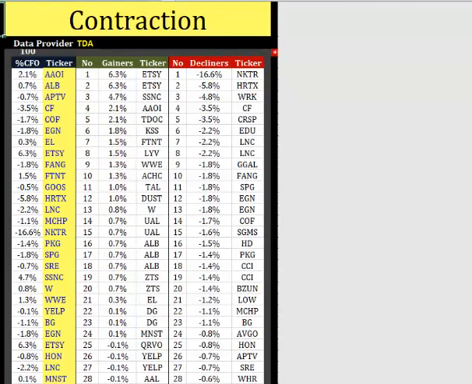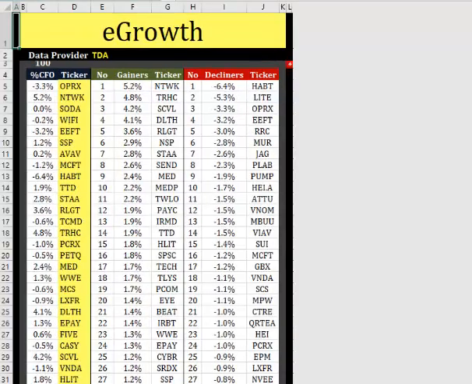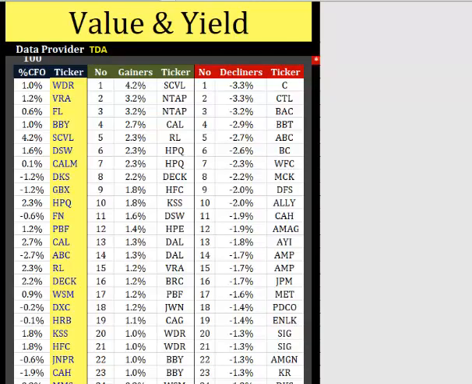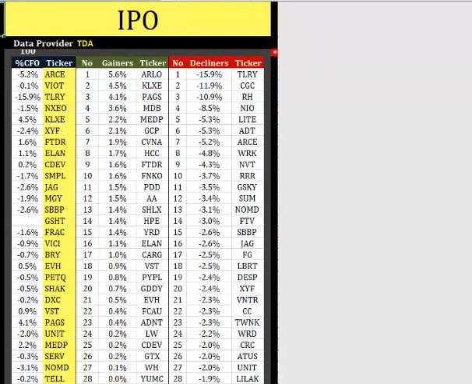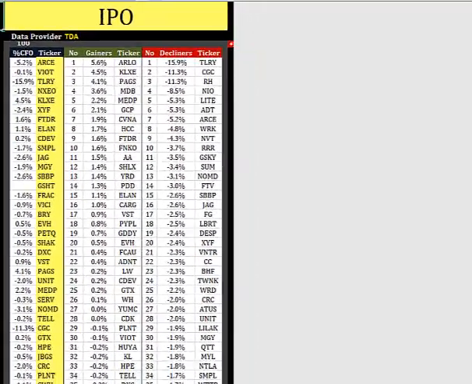Contraction, that's the dojis, the inside days, the tight price action. Then just things that are on my radar. Price action with very strong volume, big moves up, overbought, oversold, whatever. Momentum plays, emerging growth, value and yield stocks, and IPOs. So those are just some examples of watch lists you might want.